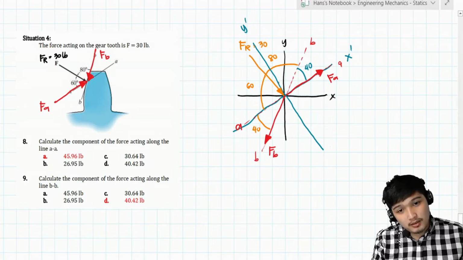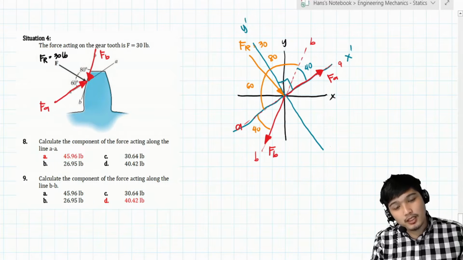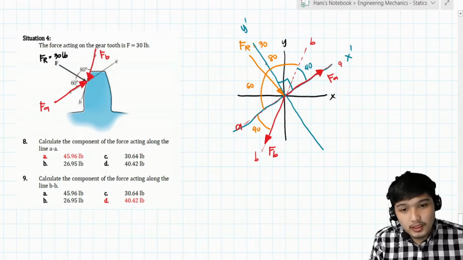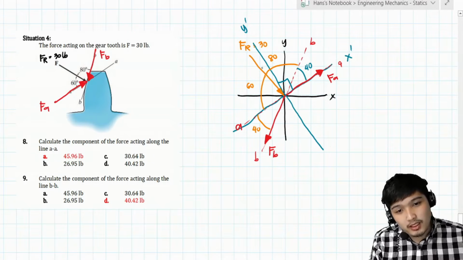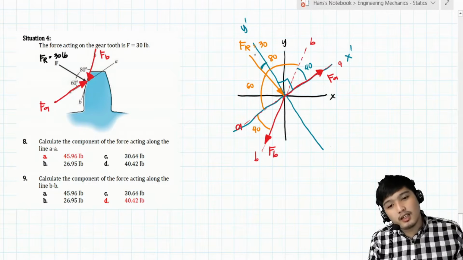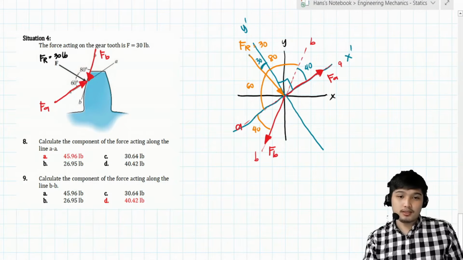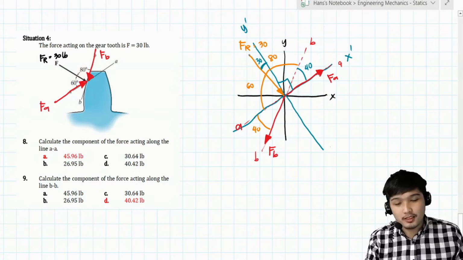So this one must be perpendicular. So if this is 80 and this is 40, so that's 120. So this one is 90. So what's left here? 30 degrees, right? I hope you understand what I'm doing, class.